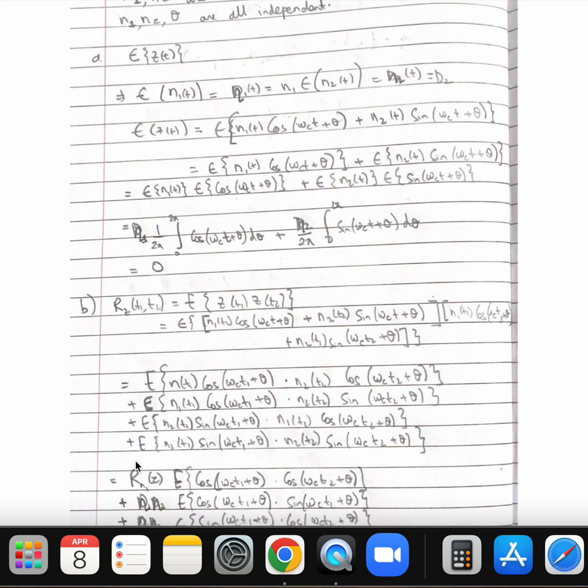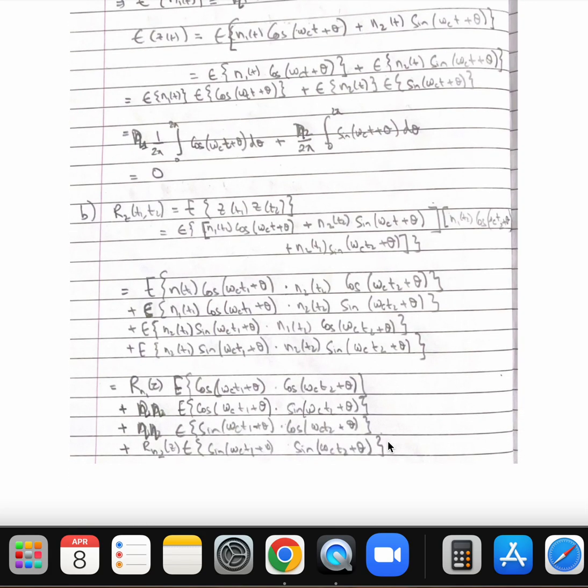The last term is the expected value of eta 2(t1) sin(omega_c t1 + theta) times eta 2(t2) sin(omega_c t2 + theta). So finally we can take the eta terms outside and write them in terms of R.